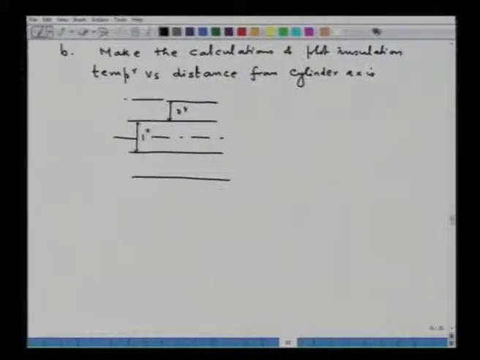You know this, that Q is equal to (T1 minus Ti) into 2 pi k upon ln(Ri upon R1).